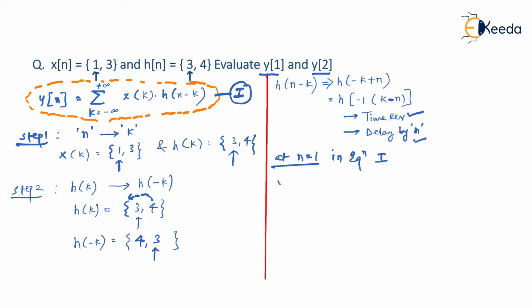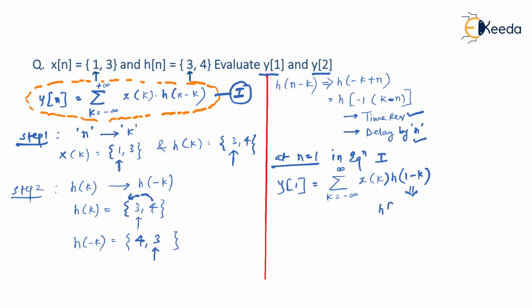So now what I'll get is y of 1. It is summation k will be changed from minus infinity to plus infinity, x of k, h of, now value of n is 1, so it will be 1 minus k. Is that right? So h of 1 minus k means what?